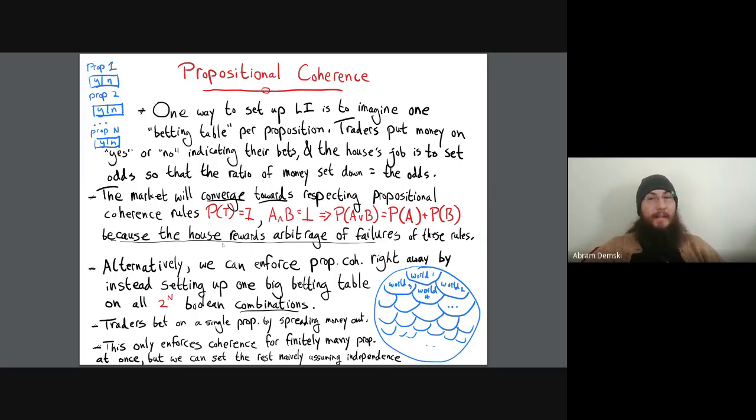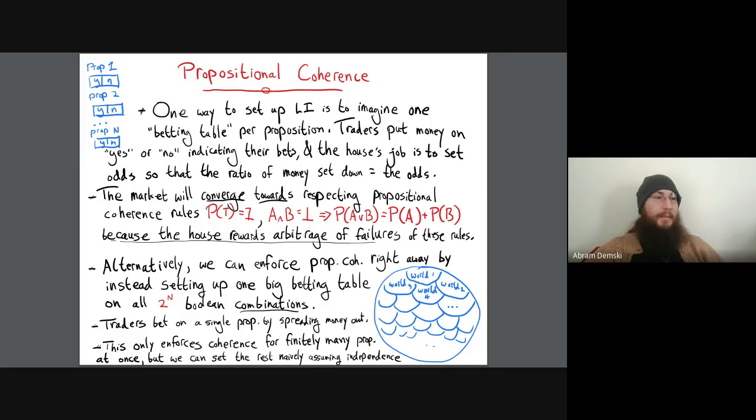But alternatively, and this is the version in the logical induction paper, we can enforce propositional coherence right away. I visualize this as one big table, where instead of just yes or no on individual tables, we have positions on the table corresponding to the 2 to the n Boolean combinations of our n propositions.